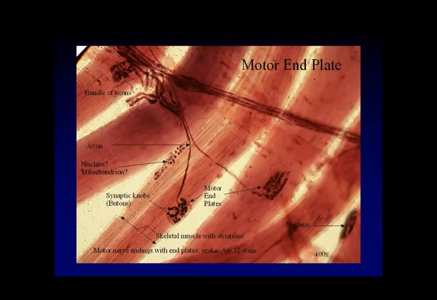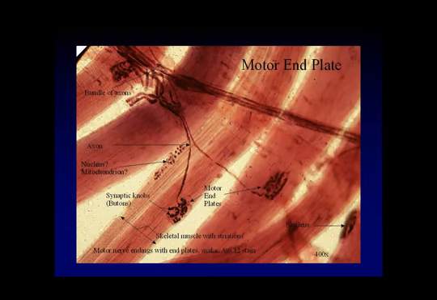So the next thing that we're going to talk about in quite a bit of detail is something called the neuromuscular junction. The neuromuscular junction is the area that is oftentimes referred to as a synapse, where one part of the nervous system makes contact with whatever it's trying to signal to.